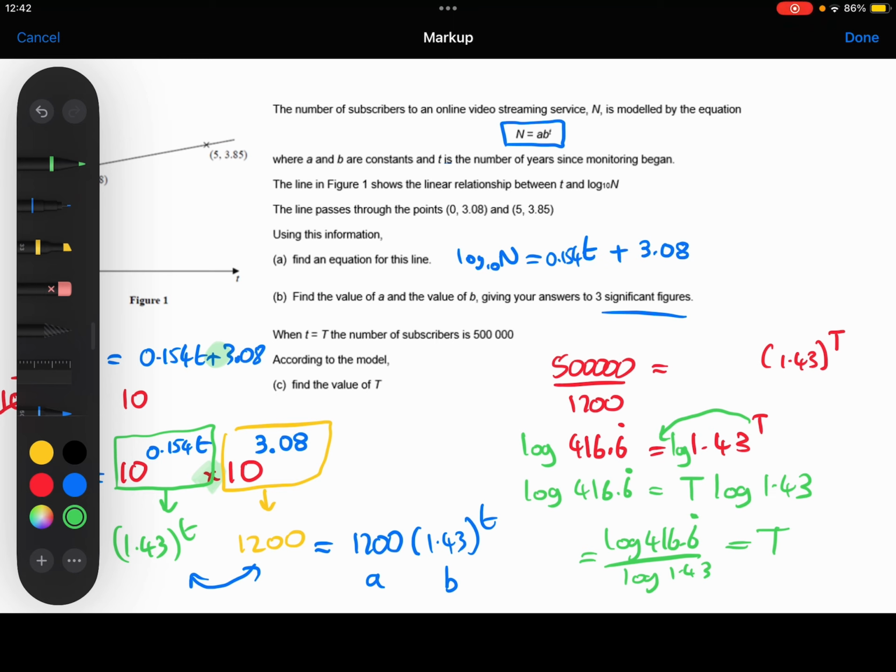And we get 16.865. So I'm going to round that to be 17 years.